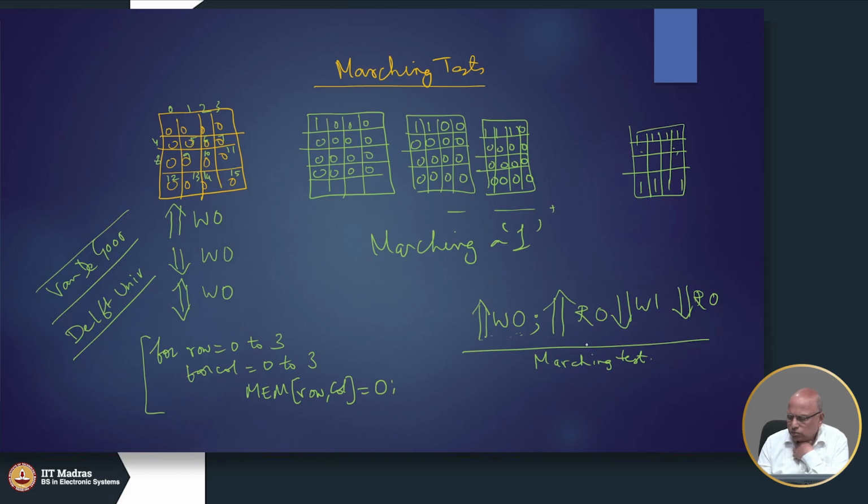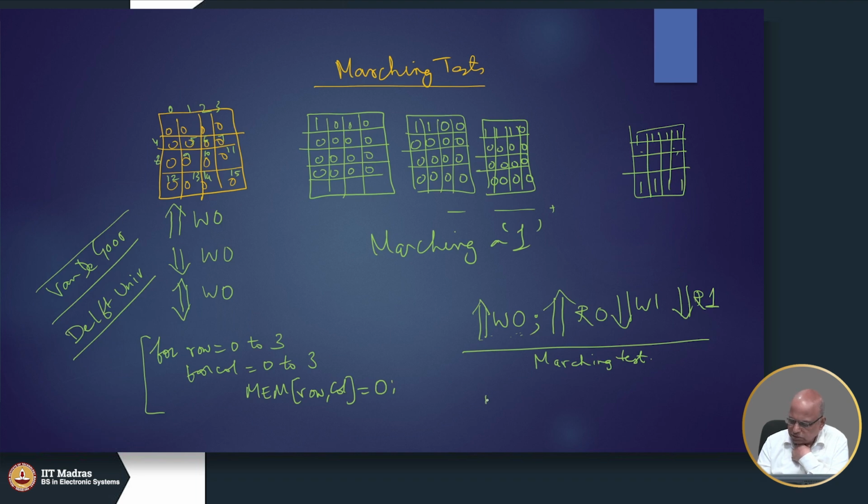We expected a 0, but if you get a 1 here, there is a problem. Then start from address 15 and go down to 0 and write 1. And then read everything back, and this time you have to read a 1 back. We are expecting a 1.